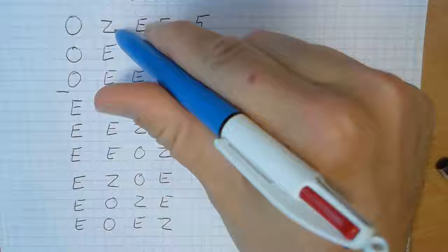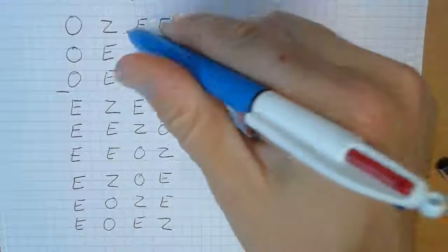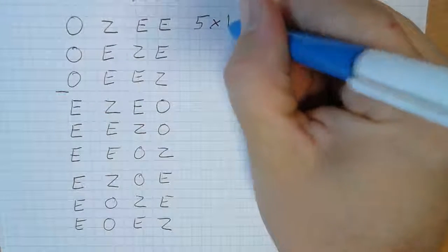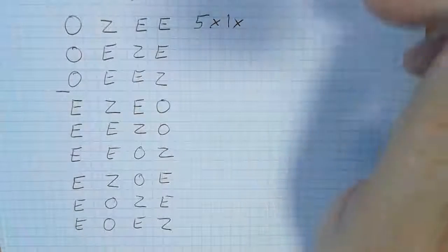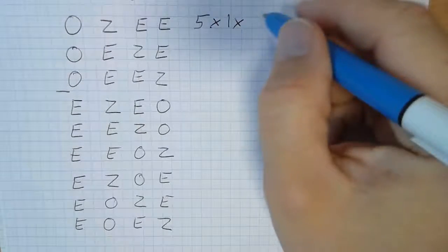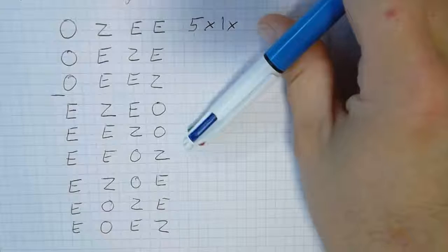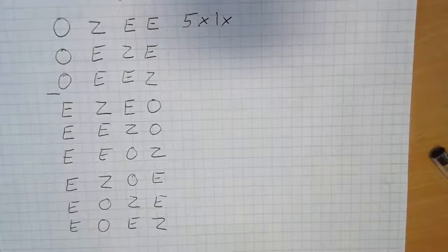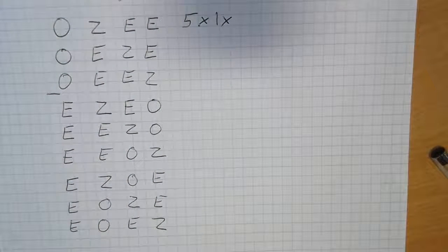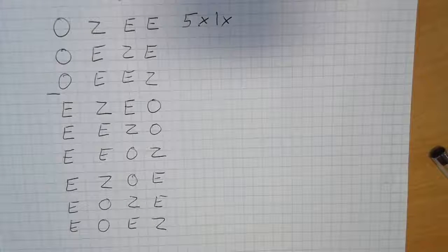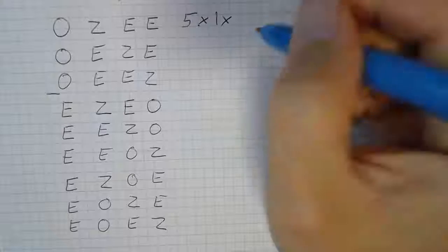And then zeros. How many different zeros are there? Well, just 1. And then I've got evens. How many different evens? Now, we need to be careful with that because only 1 is a 0. So it's only 2, 4, 6, and 8 I've got left. So it's going to be 4.